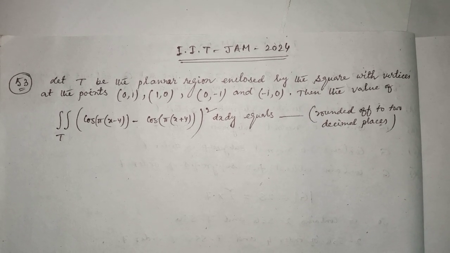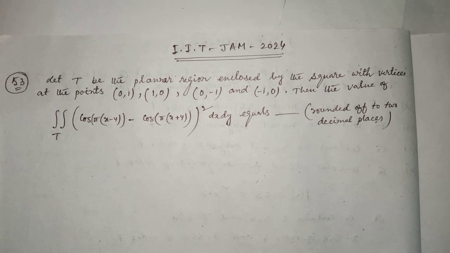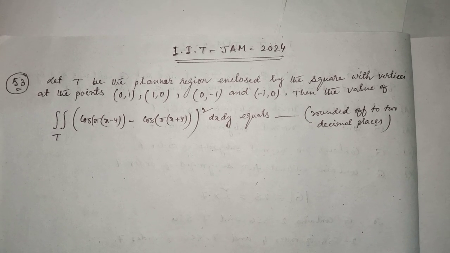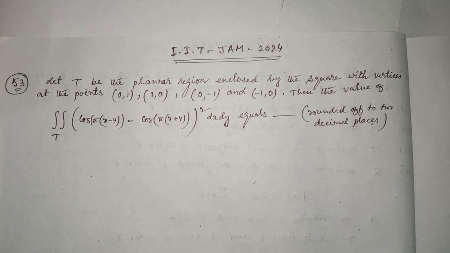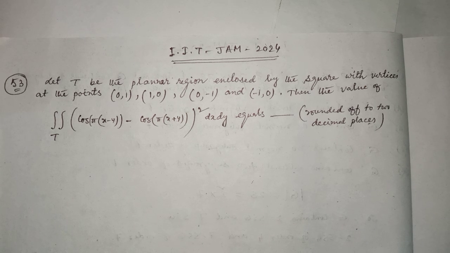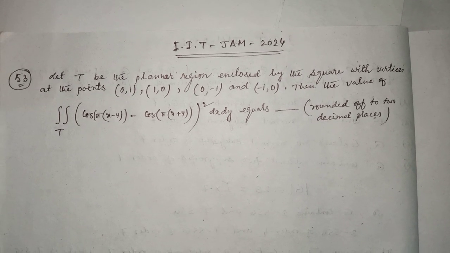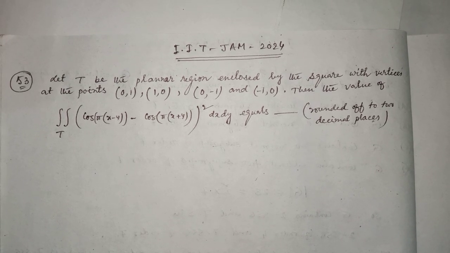Then the value of the double integration of (cos(πx − πy) − cos(πx + πy)) whole square dx dy equals dash, rounded off to 2 decimal places.